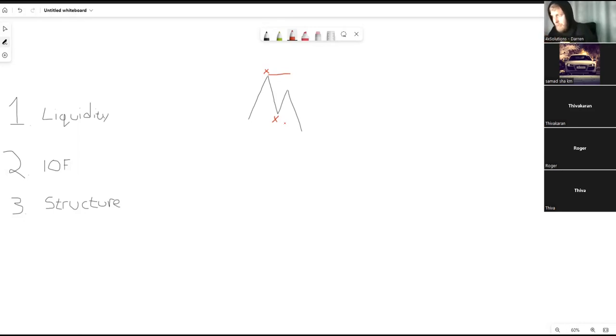The principle behind this entry technique surrounding SMT is guided by the structure element of things.